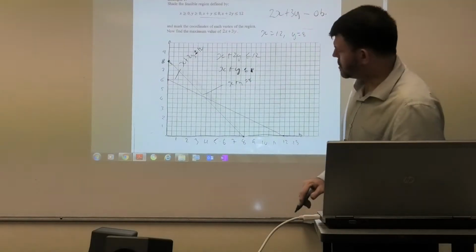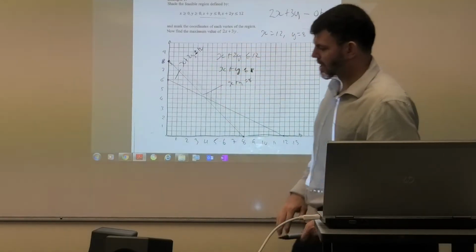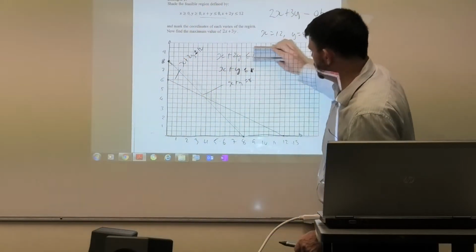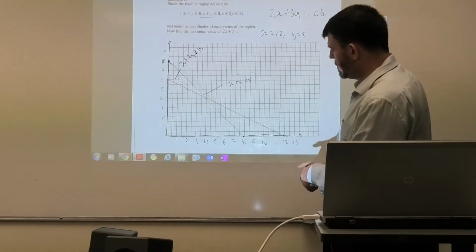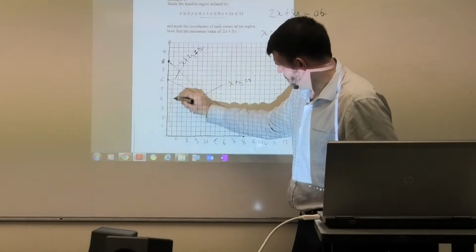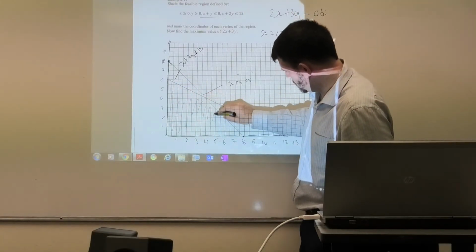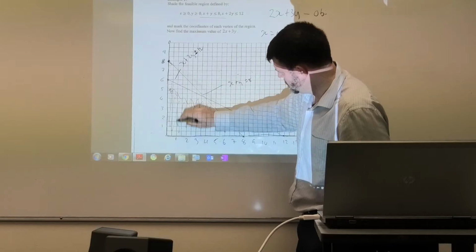Okay? So we don't write these equations up there because we don't want to be less than or greater than. Our feasible region is here. Everything below those two lines. So it's below both those lines.